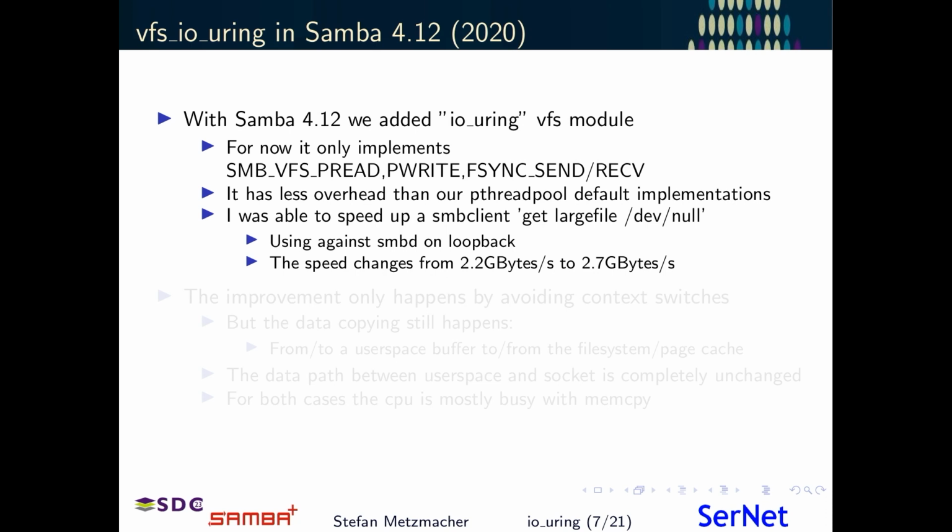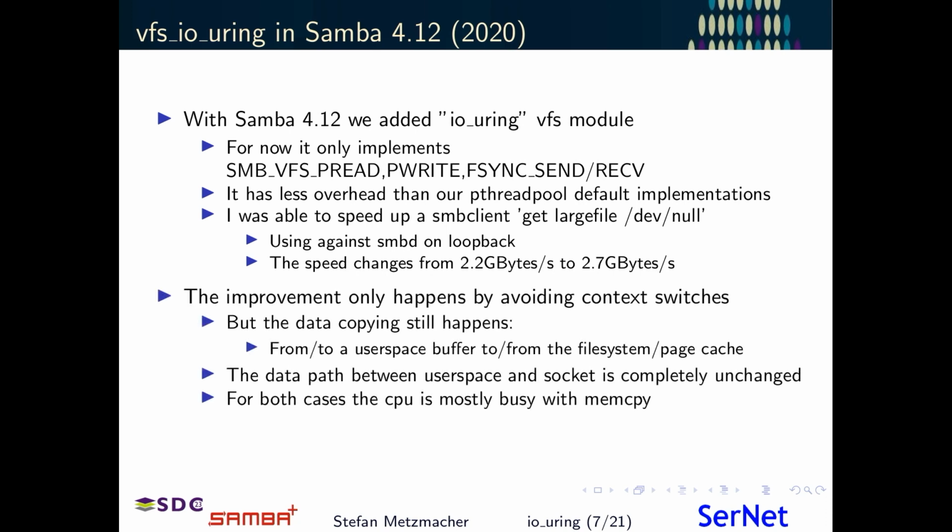And that showed minor improvements, changing speed from 2.2 gigabytes to 2.7 gigabytes per second for the test I did at the time. So it improves a bit, but it's not much. Basically just avoiding thread overhead in the user space. Yeah, and it avoids the context switches there. But the data copy still happens, and the CPU is busy doing memcpy things.